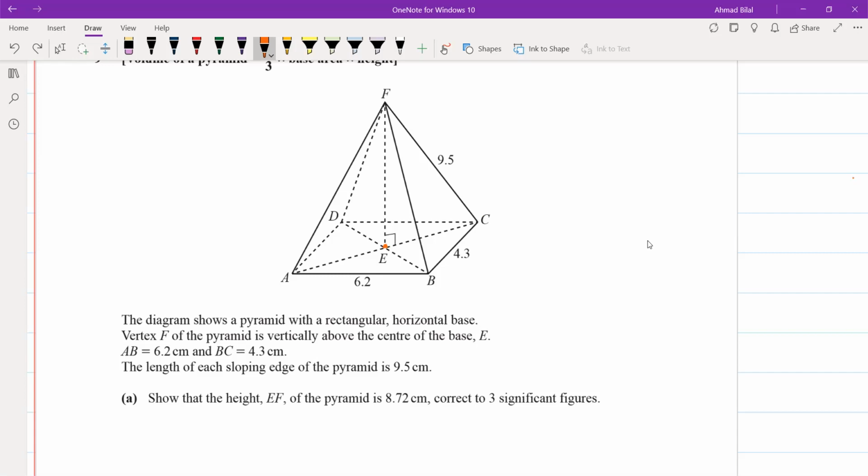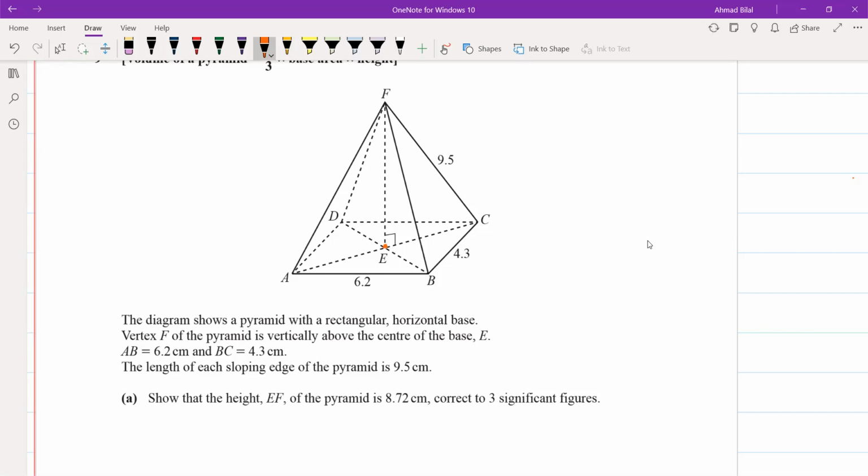अच्छा, remember जब भी आपके पास ये 3-dimensional figures होती हैं, तो जो vertical होता है आपके पास, for example यहाँ पे जो vertical है, F is so A, B, C, D, that is horizontal. तो F है वो ऊपर हवा के अंदर है, right? तो F से जो नीचे लाइन जा रही है E के ऊपर, since E is right below F, E के ऊपर जितने भी एंगल्स बनेंगे they are all 90.